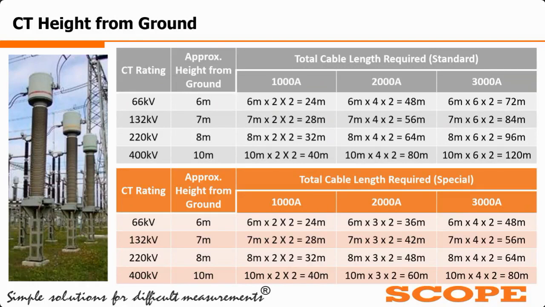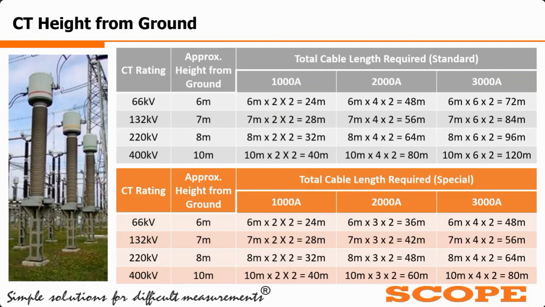So by calculating the total cable length required by cable type, for 1000 ampere at 66 kV, we require 6 meter into 2 runs, that is 2 into 2, and 2 parallel cables that we require.